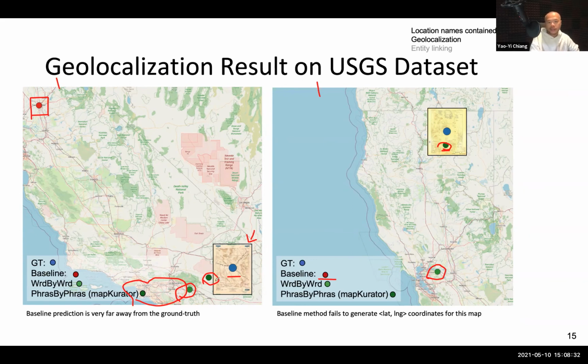If your location is close, the user will be able to find it. If you're far away like here, it will be difficult for the user to know the map is actually placed here. In contrast, if you place the map here, like in our approach, there is some overlapping content, so the user would be able to manually correct the result.